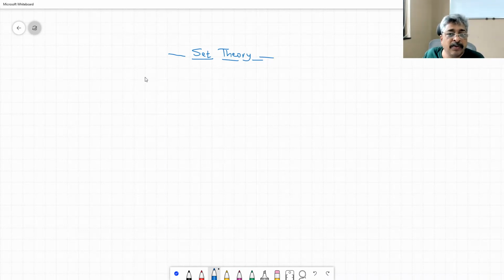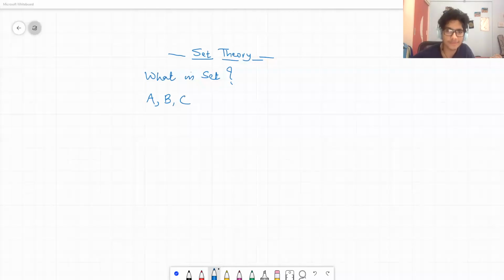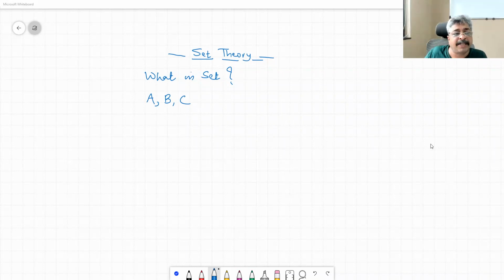So, the first question that I should ask is, what is a set? Can we define a set? Write down your own meaning or definition of a set in your notebook and read it. Okay. So sets are not supposed to be defined.